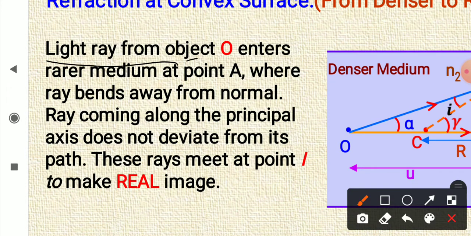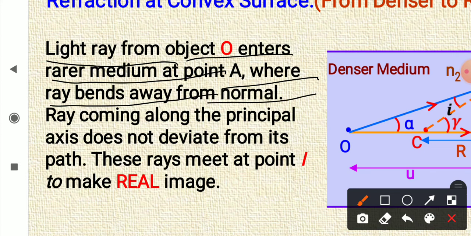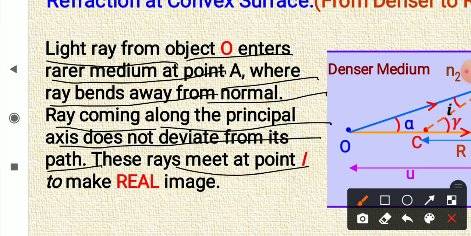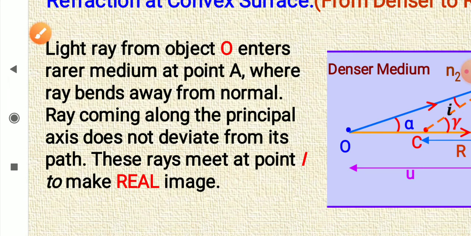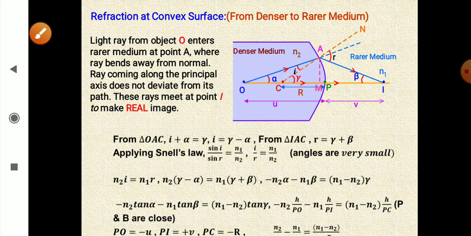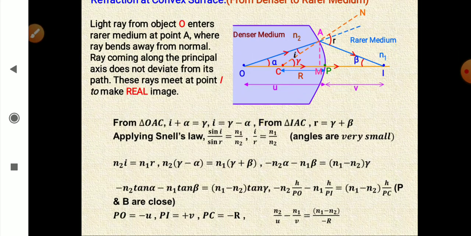Light ray from object O enters the rarer medium at point A, where the ray bends away from the normal. Rays coming along the principal axis do not deviate from their path. These rays meet to make a real image. So this is the working in brief, and let us move on to its derivation part.